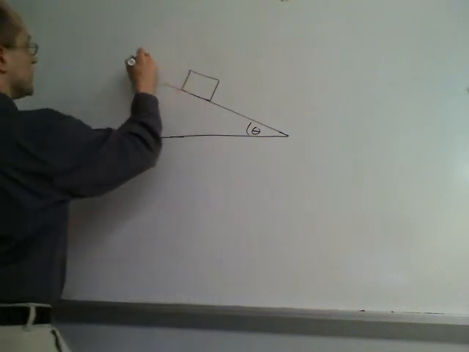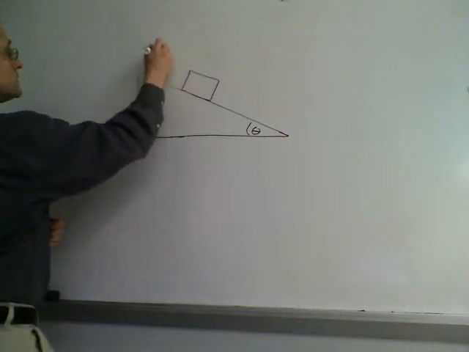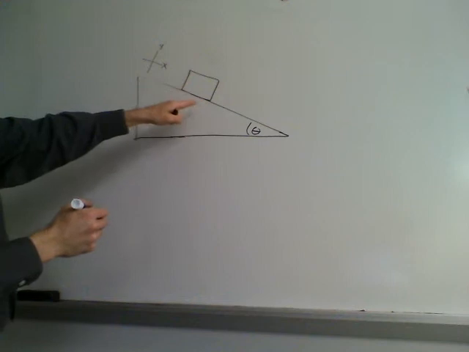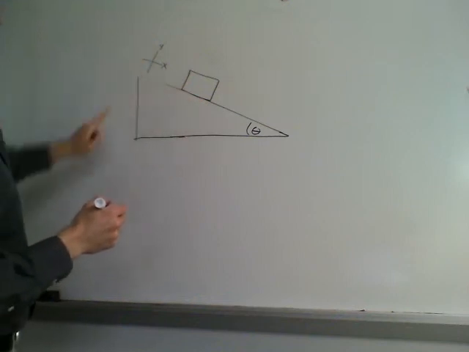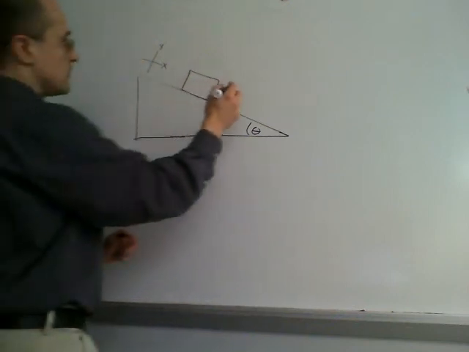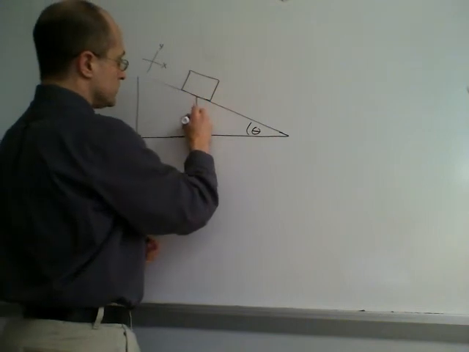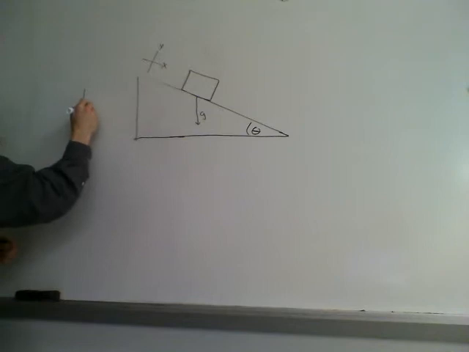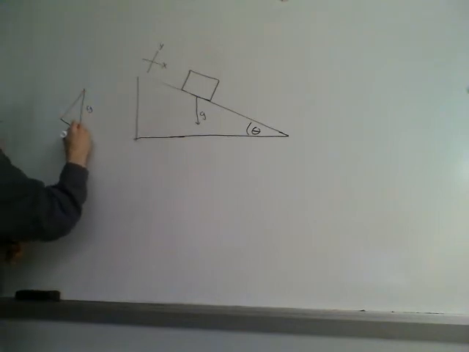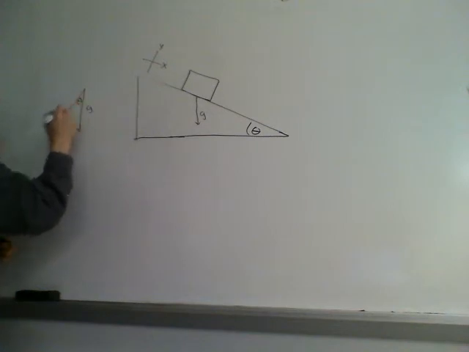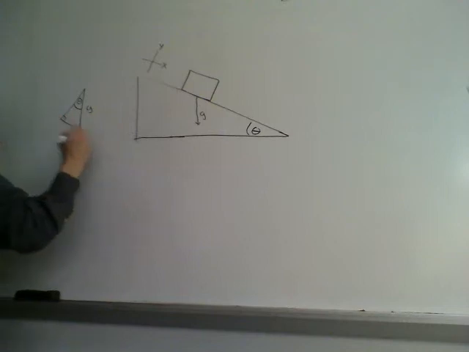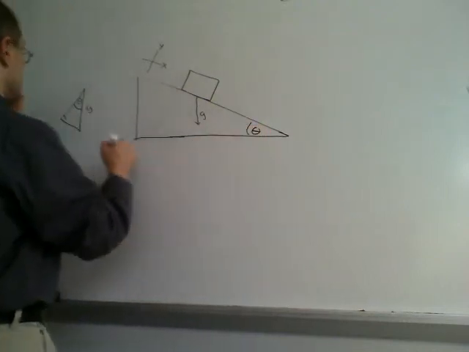So whenever we have an inclined plane problem, we always want to set up a rotated axis so that the x-axis is parallel to the incline, the y-axis is perpendicular. Gravity is going to still act straight down, and we can draw a triangle here, and that angle theta here is going to be the same angle theta there by the law of similar triangles.